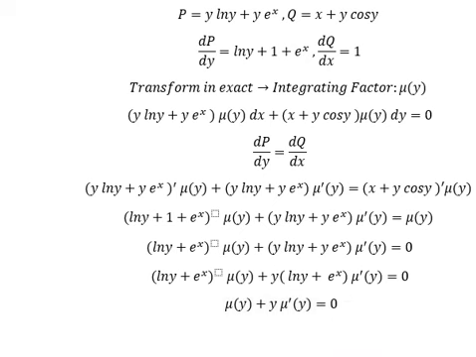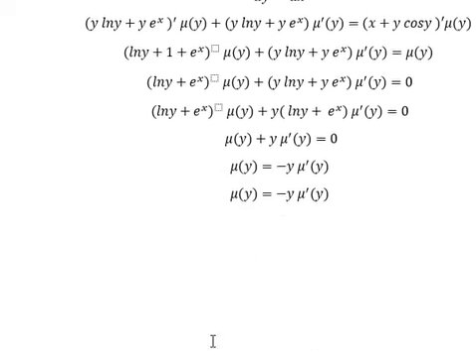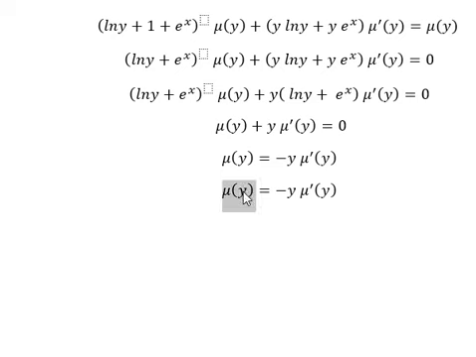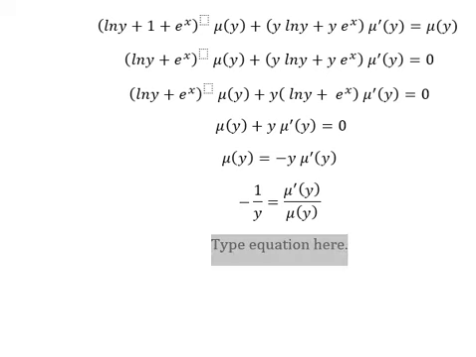Next, I will put this one go to the right. So I will divide both sides by negative y and mu y. So we put the integration for both sides.